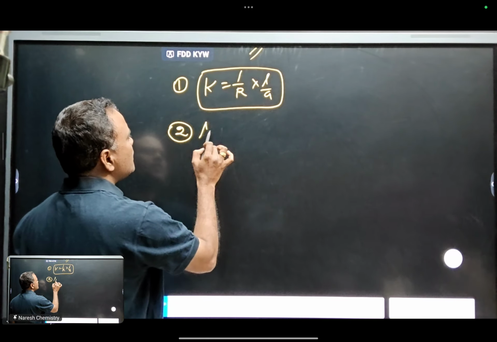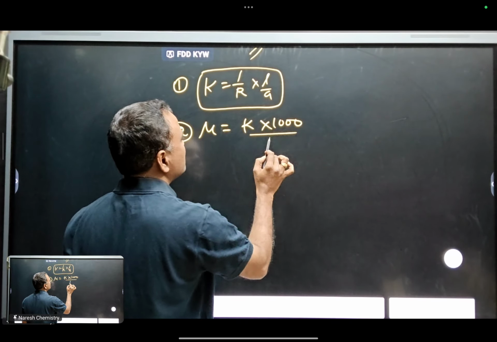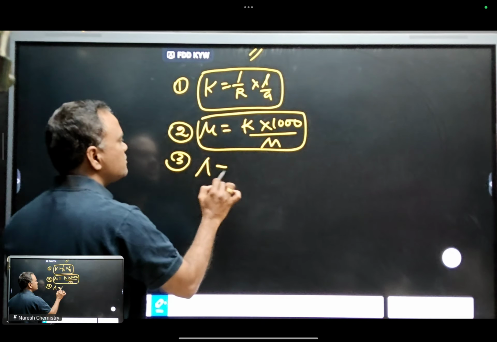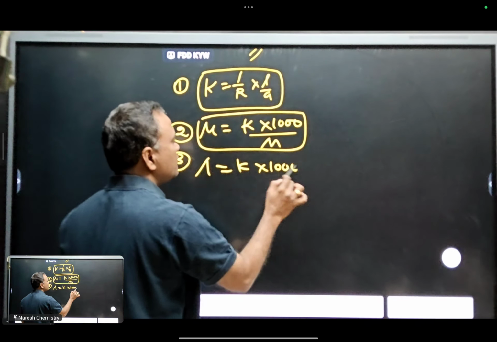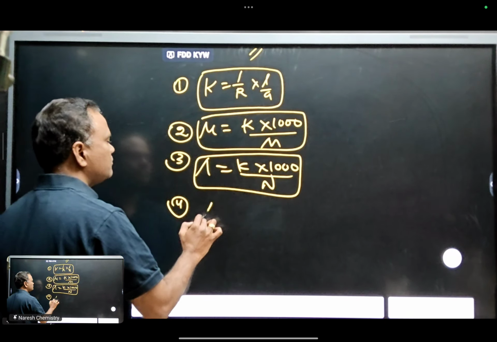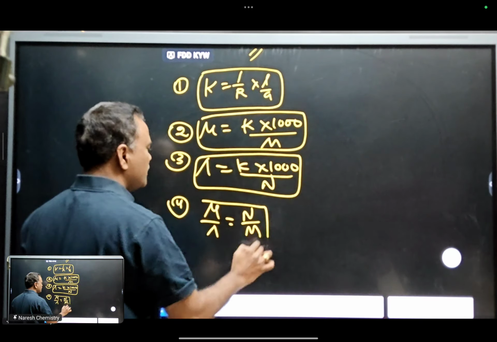Next, molar conductance mu is equal to specific conductance into 1000 by molarity. Equivalent conductance lambda is equal to specific conductance into 1000 by normality. What is the relation between them? Molar conductance by equivalent conductance is equal to molarity by normality.